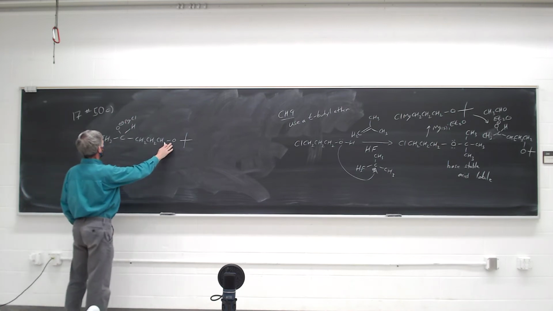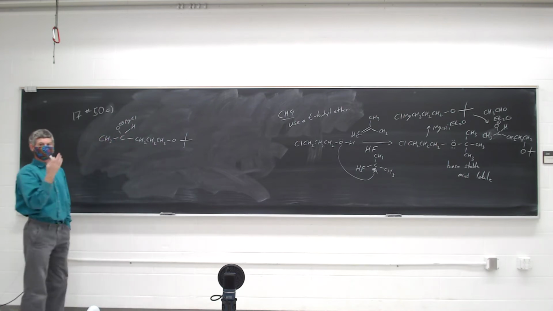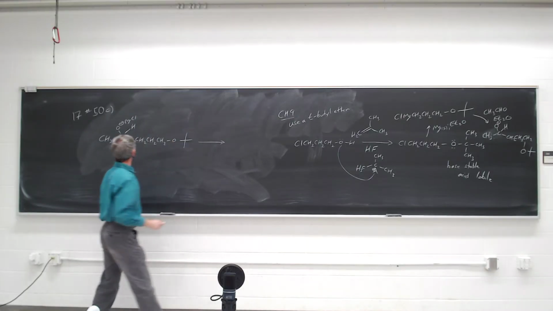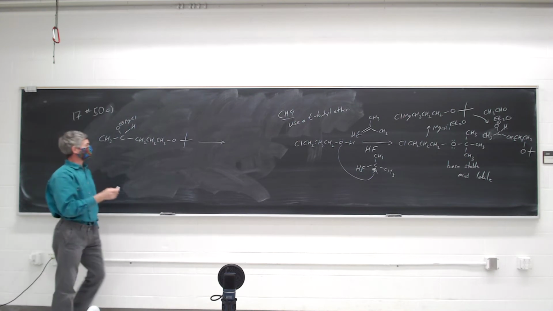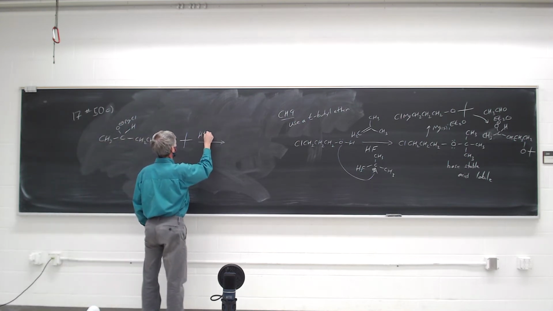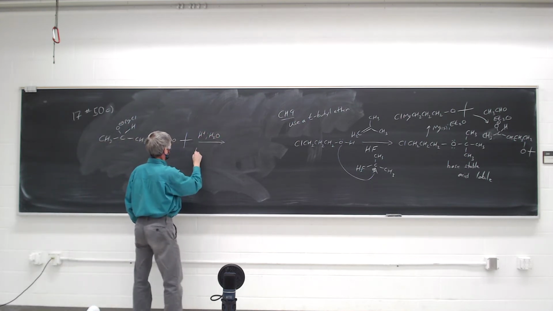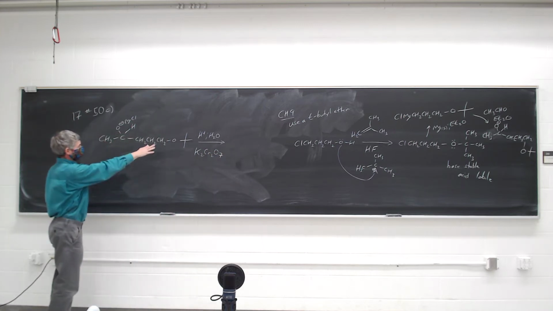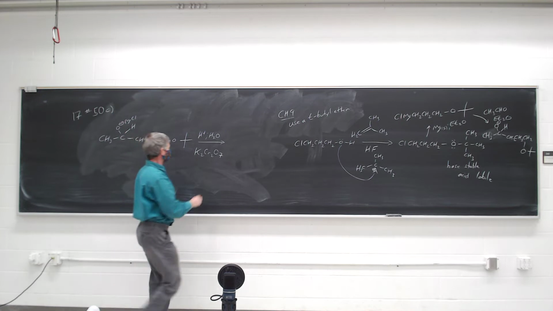We need to take this and oxidize it back up. And in this case, if we treat this with aqueous acid in the presence of Na2Cr2O7, that will take that protecting group off as well.